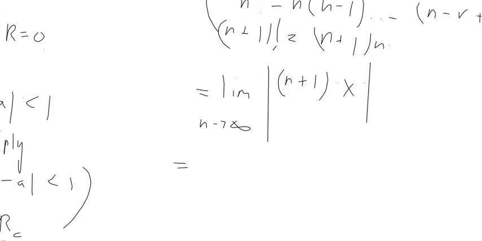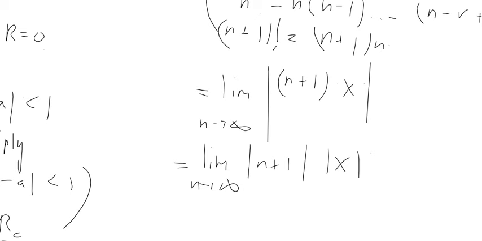All right, so now the next thing is to split this up somehow. What I mean by split up is, you should know that when you have a product of two values, a and b, the absolute value of the product is equivalent to the absolute value of a times the absolute value of b. So that means I can split up my limit. My limit now becomes the limit as n approaches infinity of the absolute value of n plus 1 times the absolute value of x.